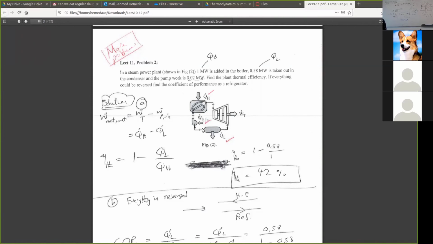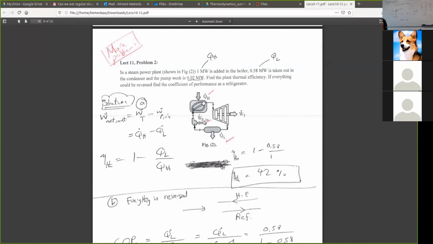Last lecture, if you remember, we solved one problem through the evaporator and we got the heat rejected, dumped in the air, by giving state 1 and state 2. You can get Q low or Q high or anything, or even W turbine. If I give you a state here and a state here, 2 independent intensive properties on every side, you can get the work done by the turbine.